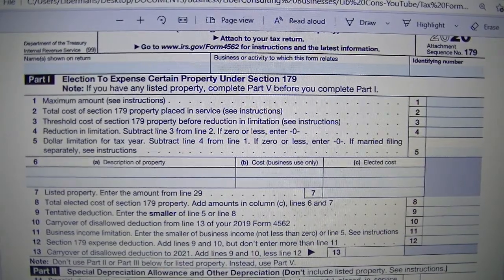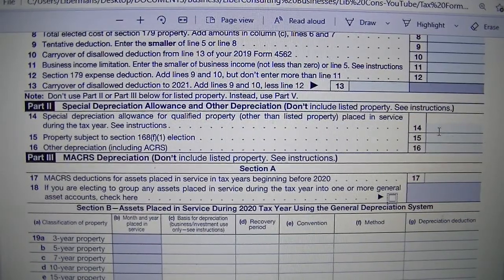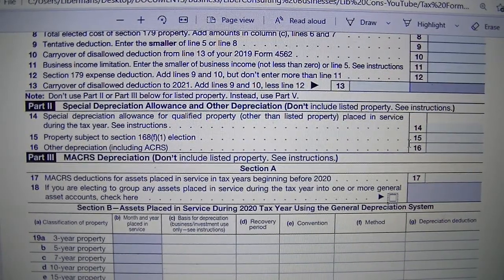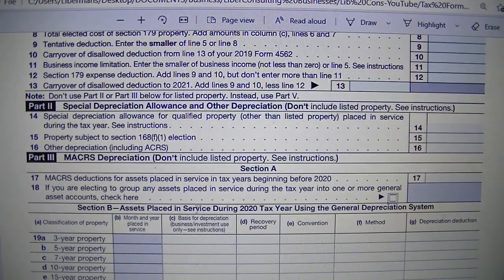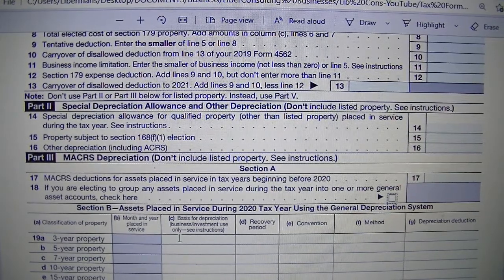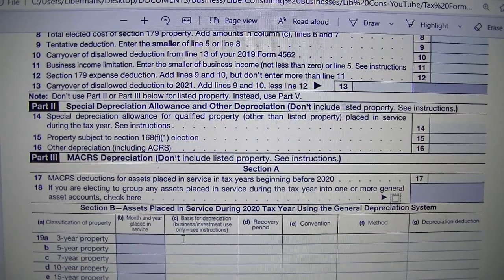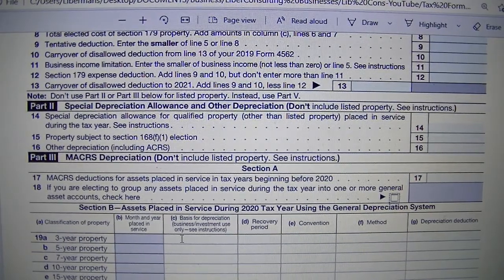If you claim special depreciation in part 2, line 14, you'll take it out as well. And if there are any credits claimed, you'll take them out as well, and the remaining is what will be the basis for depreciation.